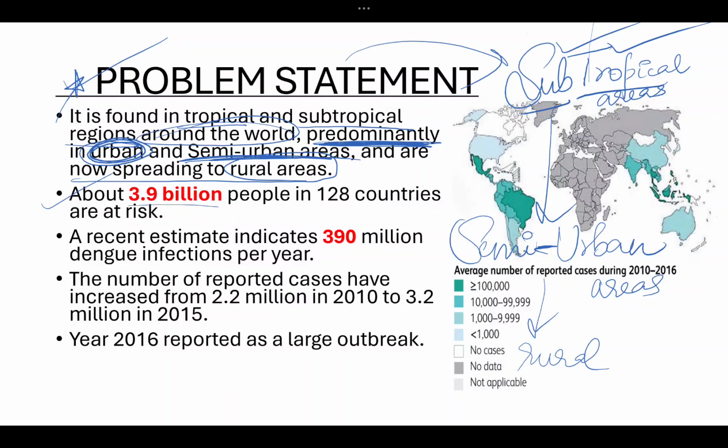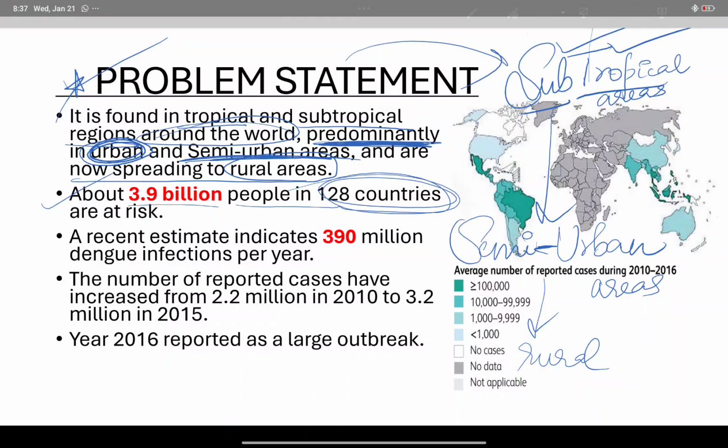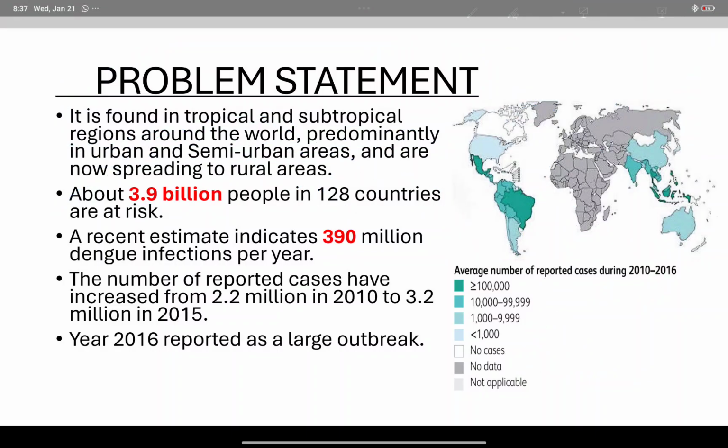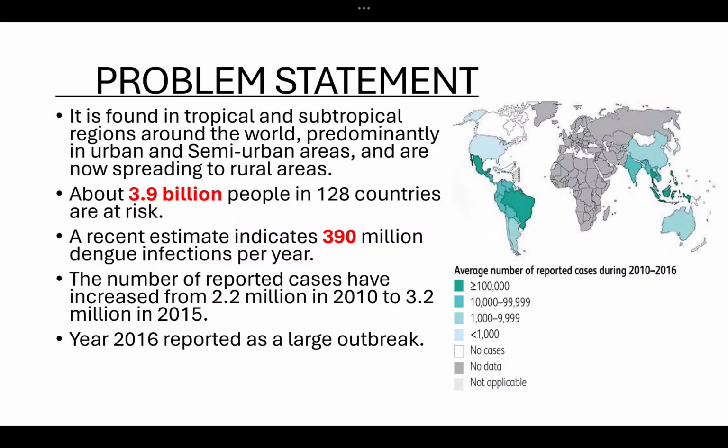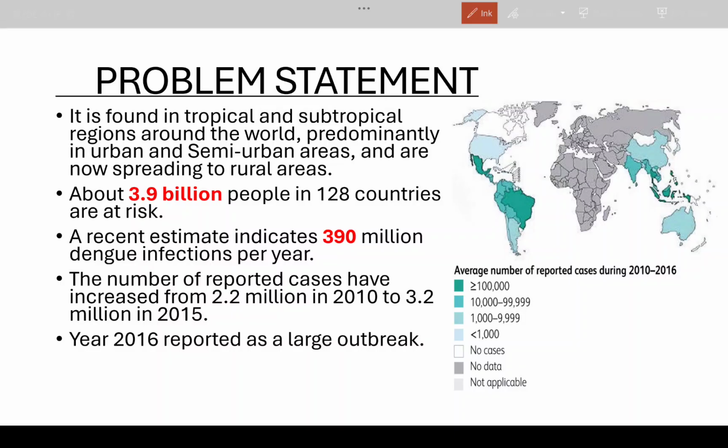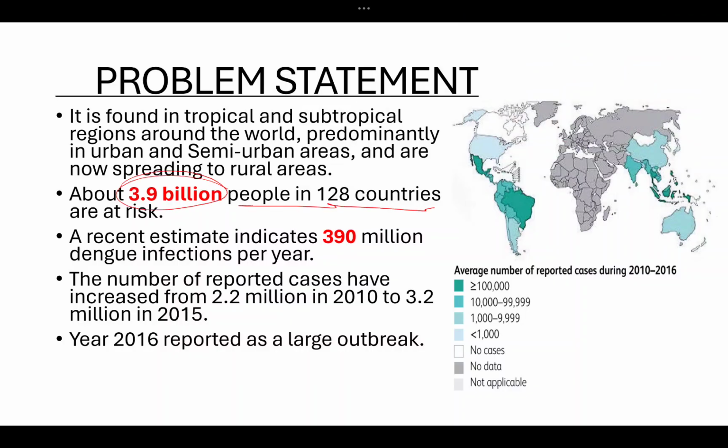About 3.9 billion people in 128 countries are at risk.